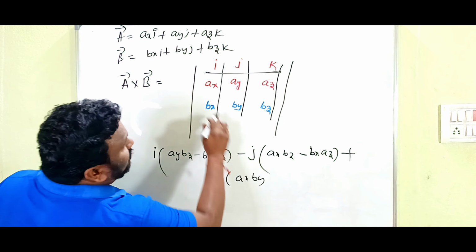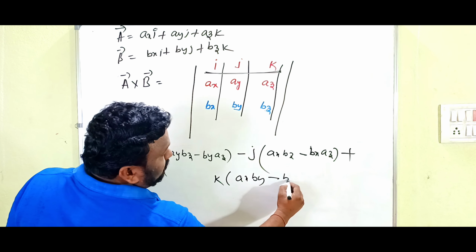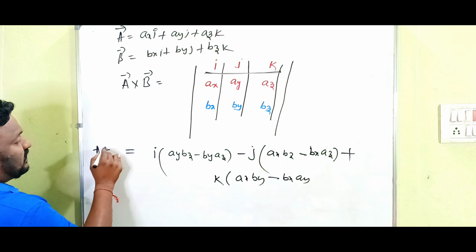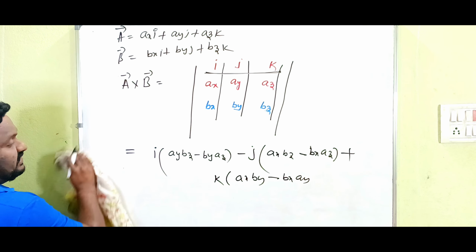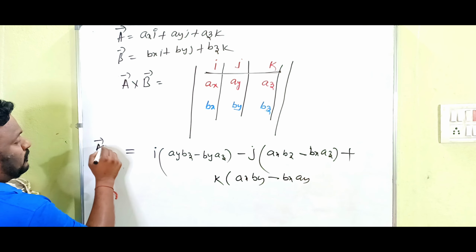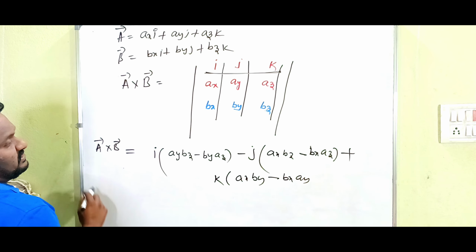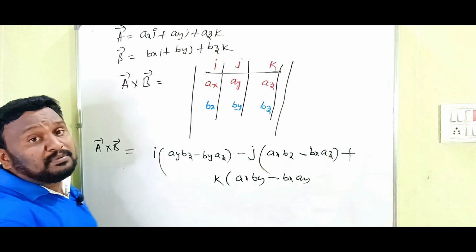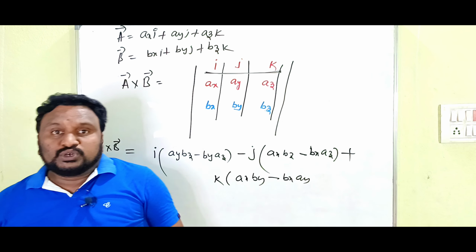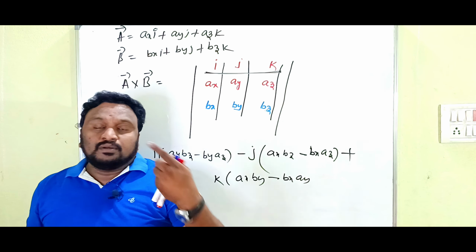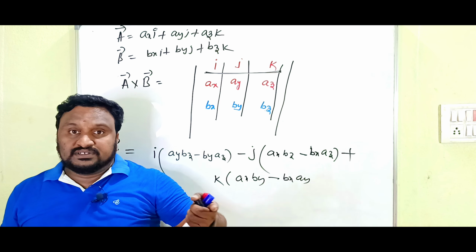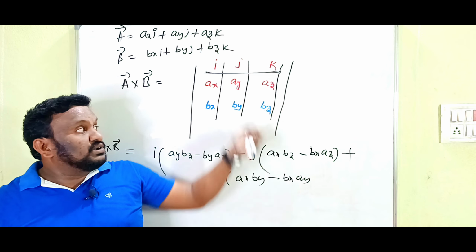In this way children, we can find out A cross B. Very simple. Dear students, this model is very important for 2 marks in your IPE examinations. The same question will be asked. They will give a force value and a position vector value, and we have to find out the torque. Based on that we have to do this.